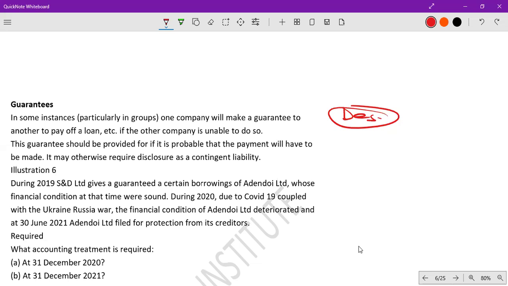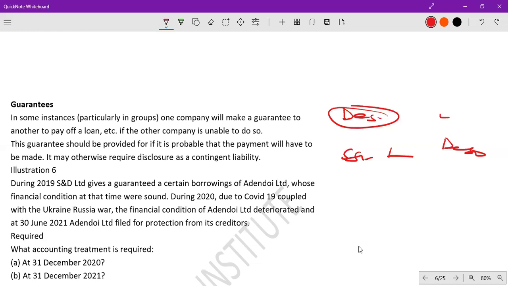So what we are saying is, when can an entity recognize a provision on a guarantee? We only recognize a provision on a guarantee if there is evidence that the financial status of the person you have guaranteed has deteriorated to the extent that he or she will not be able to pay the liability. Example, S&D has guaranteed a loan for Desmond. At the time of this guarantee, Desmond was in a good financial condition.